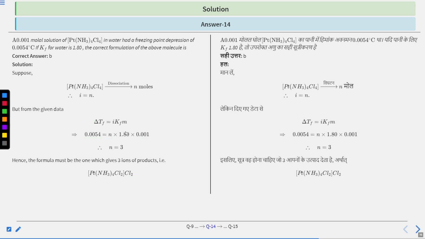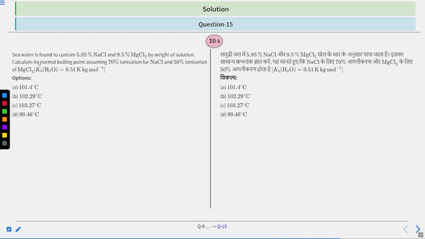Okay, let's move to question number 15. Seawater is found to contain 5.85% NaCl and 9.5% MgCl2 by weight of solution. Calculate its normal boiling point, assuming 70% ionization for NaCl and 50% ionization for MgCl2. The Kb for H2O is given as 0.51 K kg per mole.